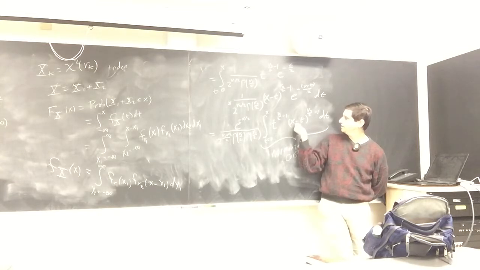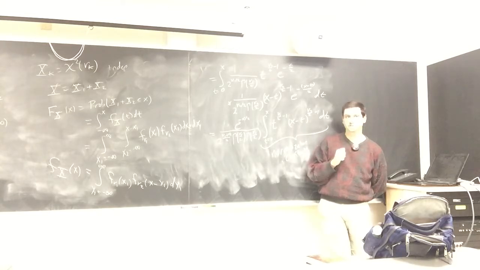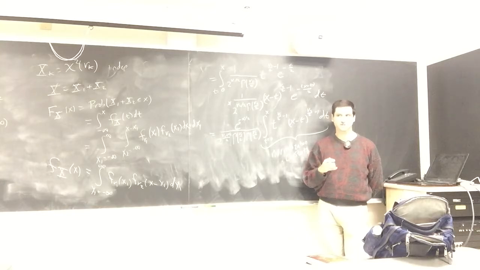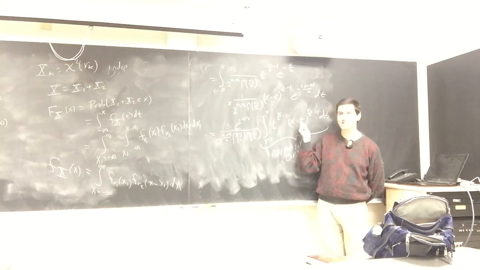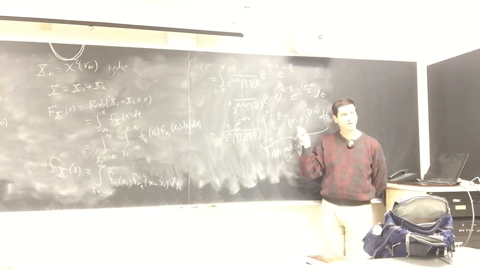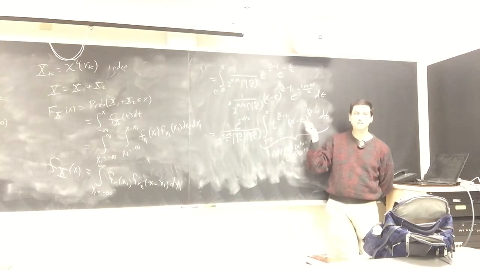So over here, I have an x minus t. I'd love to pull out an x. I can't pull out an x because I have a t here. What should I scale t by? I'm sorry? Do you mean scale by x? Yeah, I want to replace t with maybe x times u.